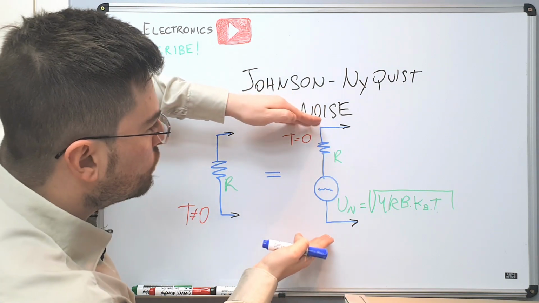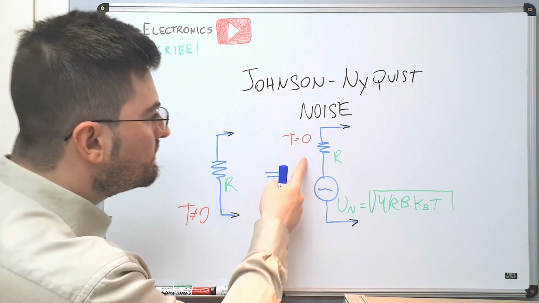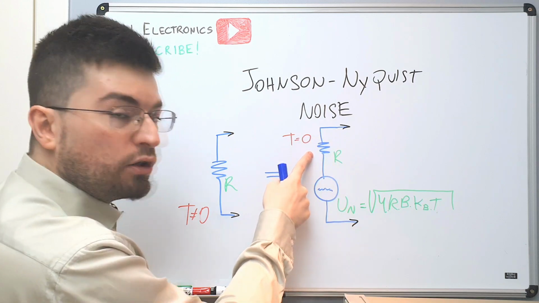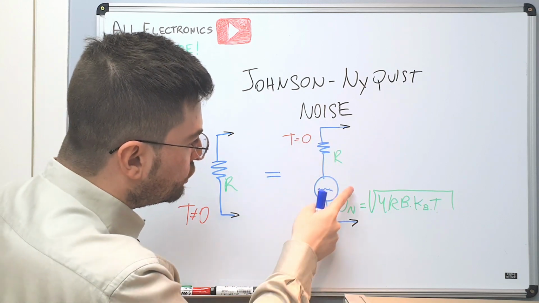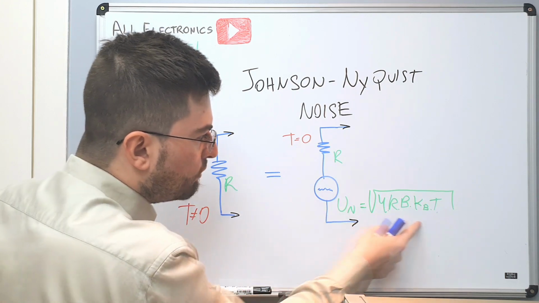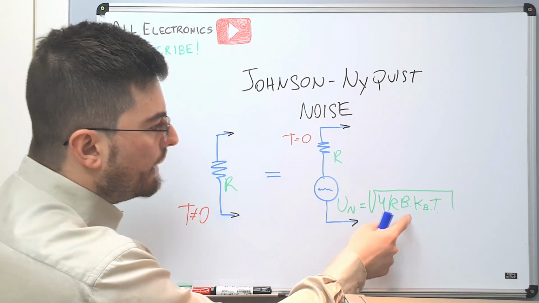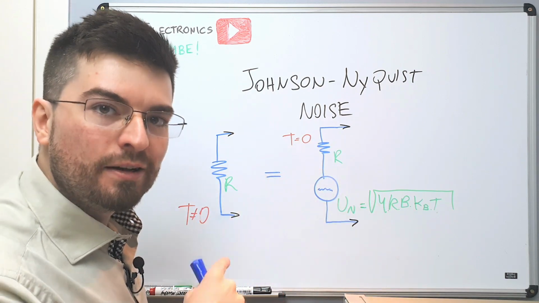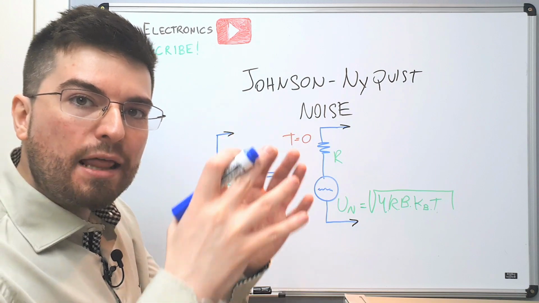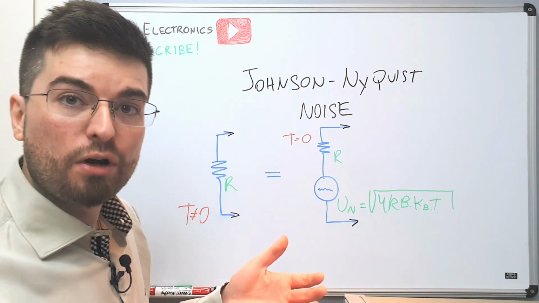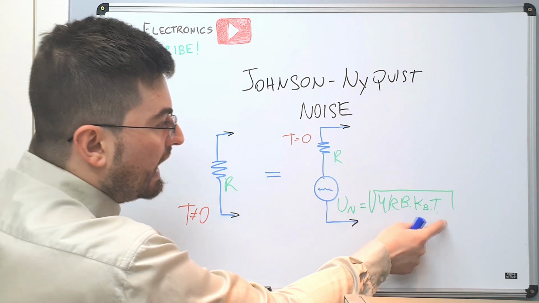And this resistor can be modeled as a resistor at 0 Kelvin, a resistor that's not generating noise, in series with a noise supply with this amplitude here. This is a very famous formula. 4 times the resistance times the bandwidth. This is why I draw a bandpass filter. We need to think about the bandwidth of the system because this directly defines the amount of thermal noise times the Boltzmann constant times the temperature.